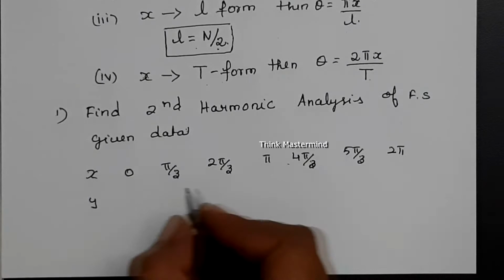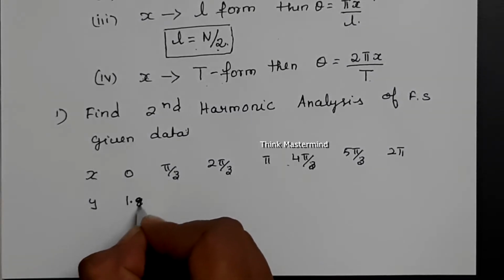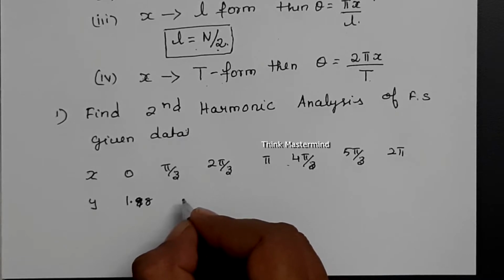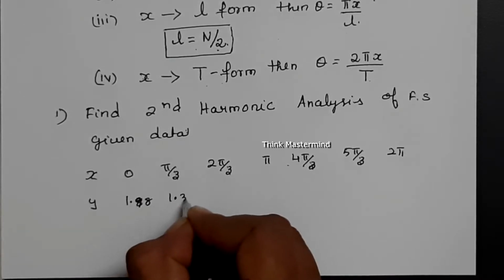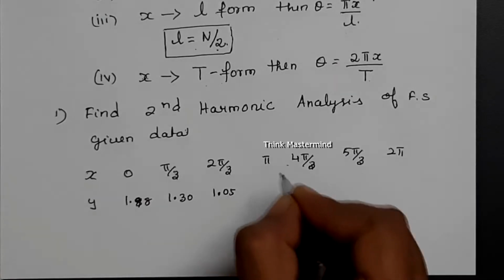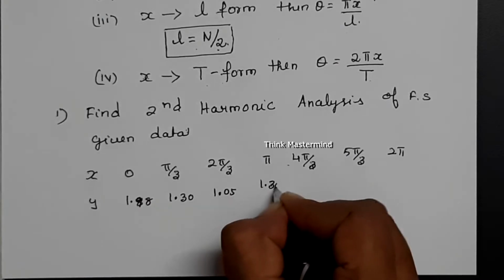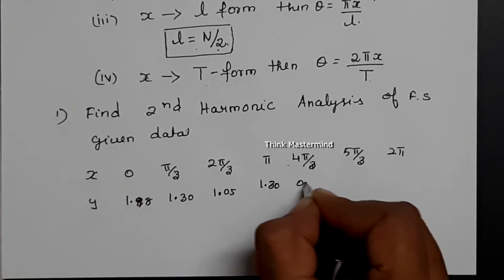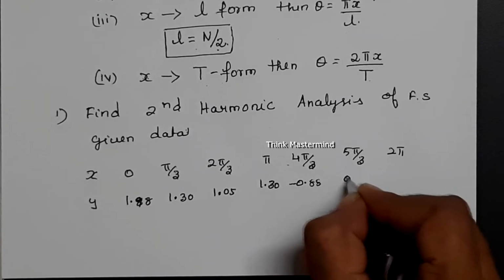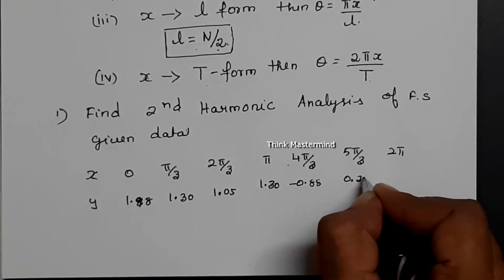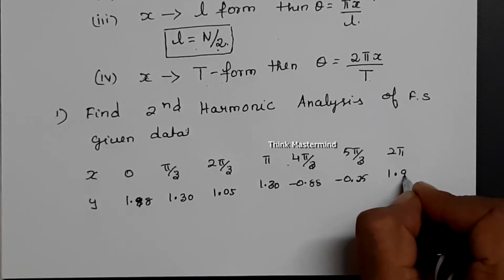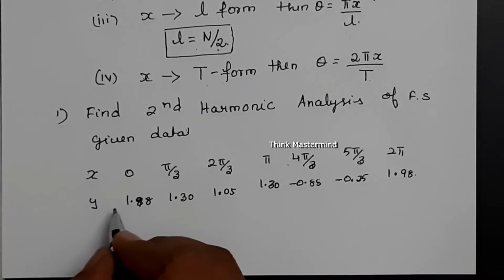The corresponding y values are 1.98, 1.30, 1.05, 1.30, minus 0.88, minus 0.25, and 1.98. So it is given data.